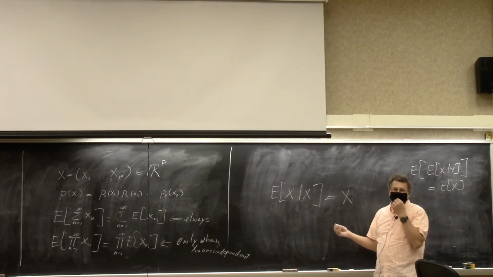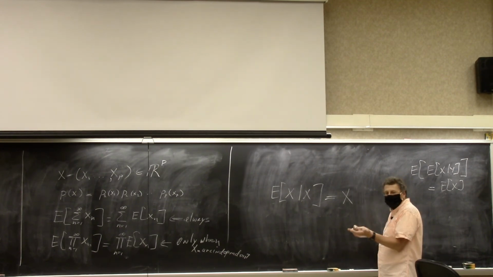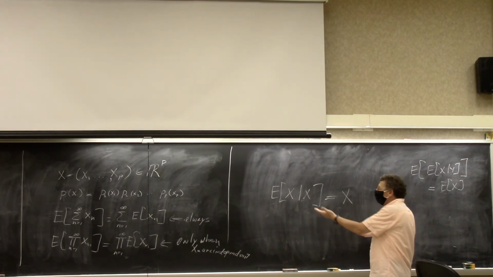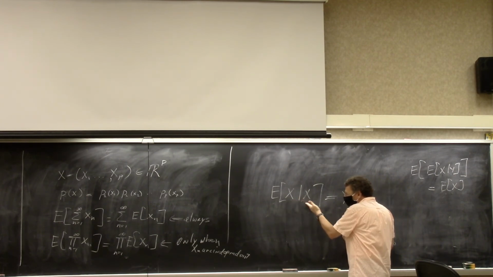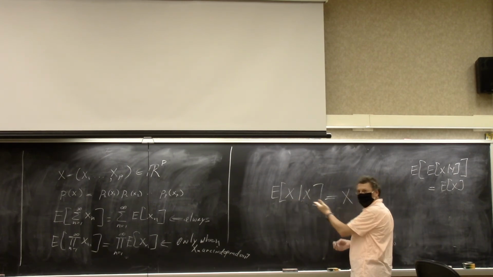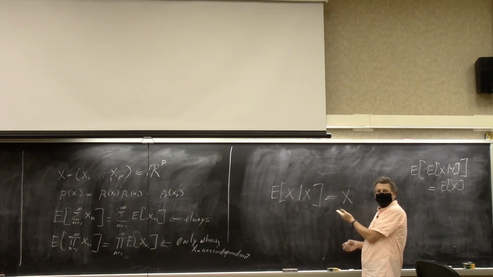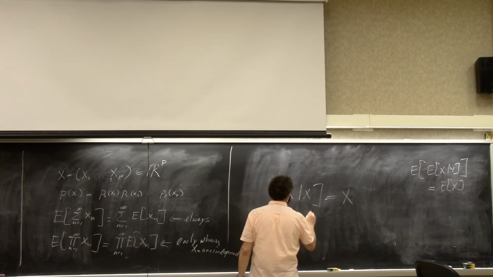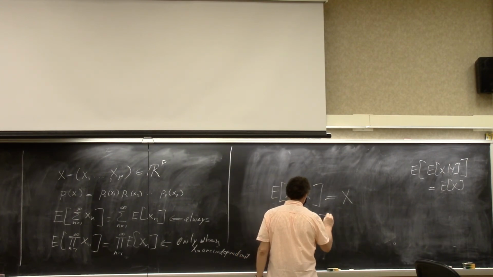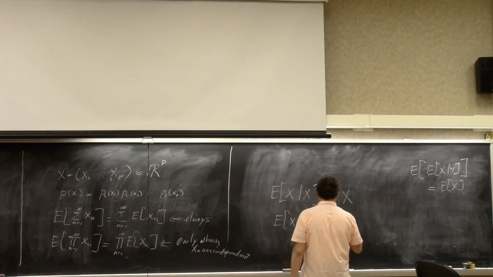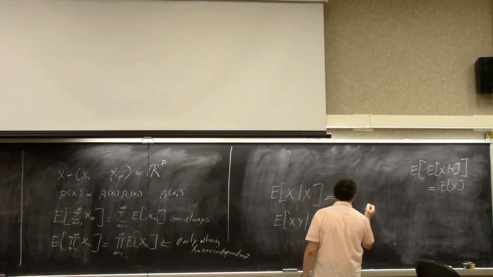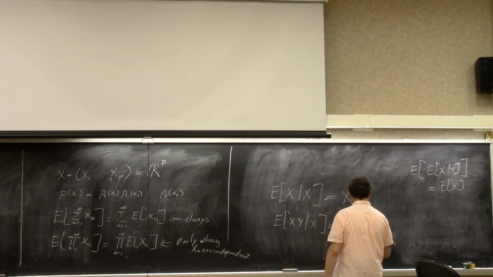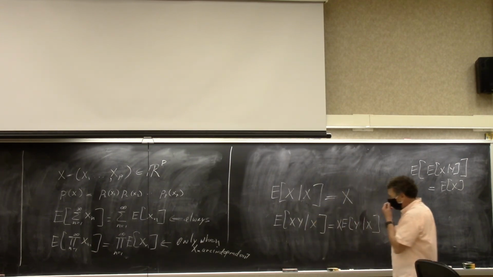It's peanut butter. If I give you the answer, then I'm saying, what is the expected value of x if x is equal to x? And the answer is x, all right? So the conditional expectation of x times y given x is equal to the expected value of y given x, times x. So you can just take x out.